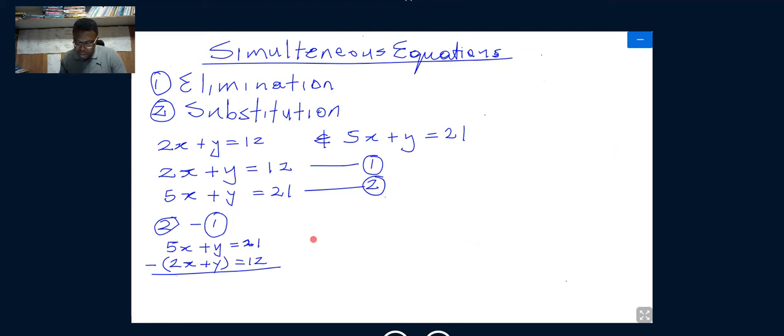Let me put it on the side. Here we're going to have negative 2x, subtract y, equals negative 12.